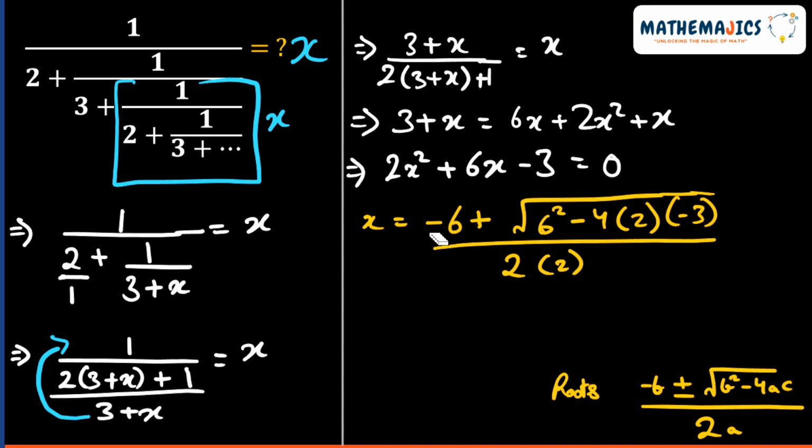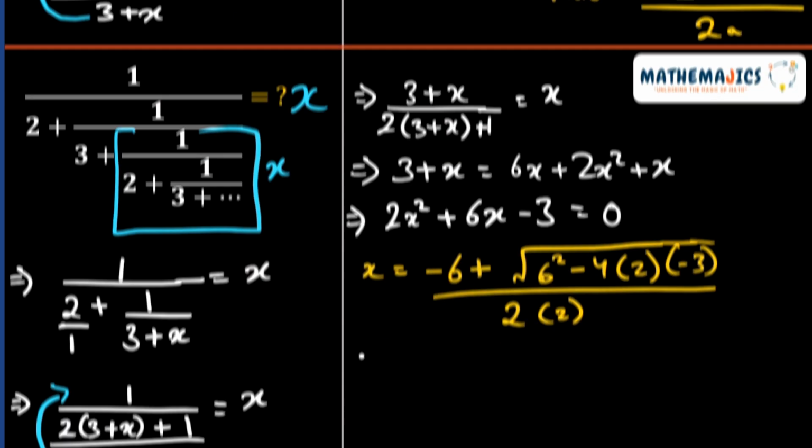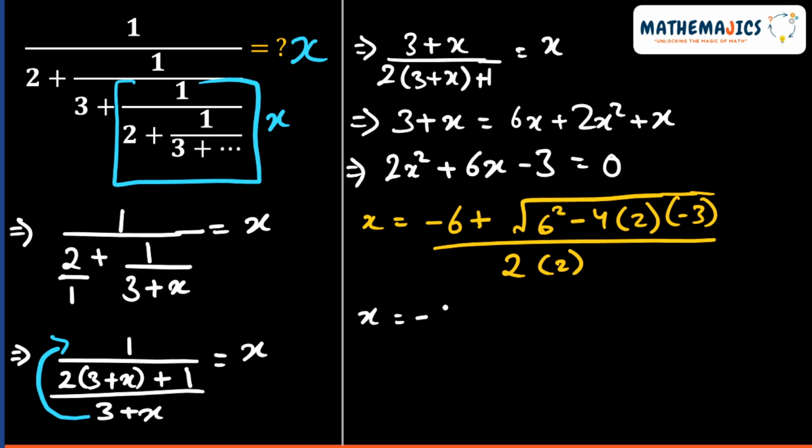Okay, so let's solve ahead. So x will turn out to be minus 6 plus under root 60 upon 4. Now 60 can be written as 15 times 4. So 4 will come outside the square root and we will get 2 under root 15 upon 4.